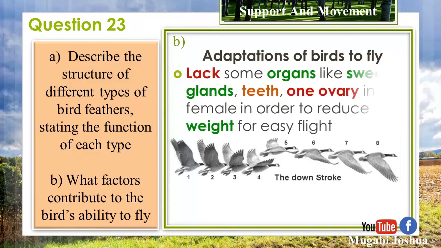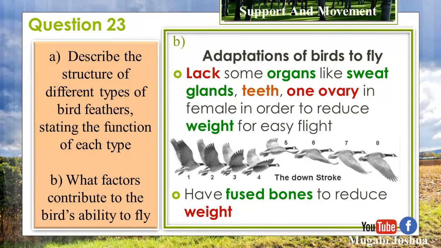Now the birds also lack some organs like the sweat glands and teeth. They have only one ovary in the female in order to reduce the weight of the bird for easy flight. You also find that they have fused bones to reduce the weight.